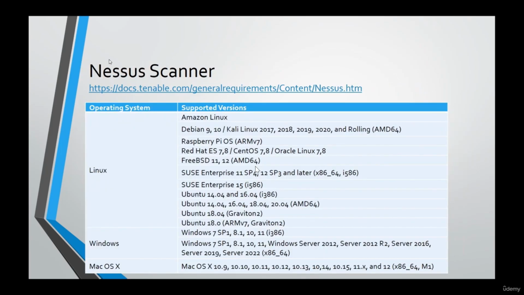If we talk about the Nessus scanner, it can be installed on Linux, Windows, and Mac OS, and here are the versions that the Nessus scanner supports. I will show you the requirements in the browser right now by visiting docs.tenable.com.